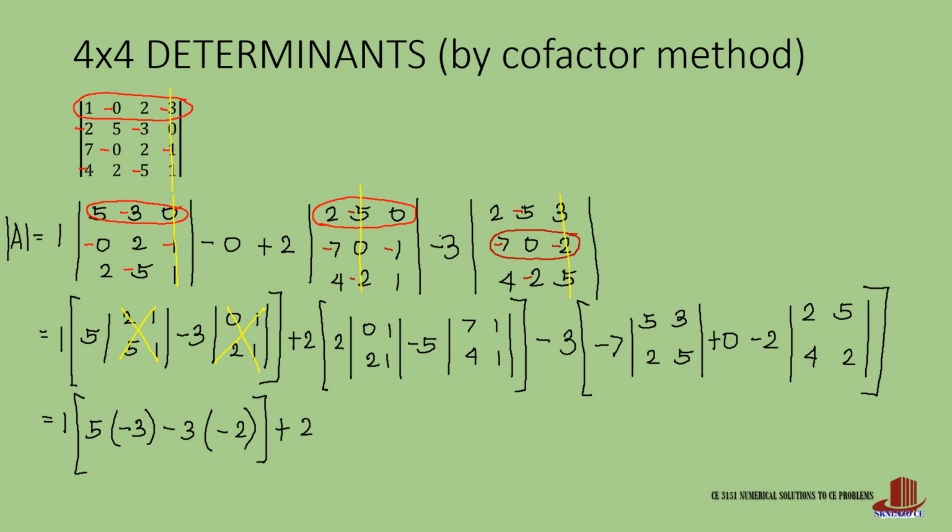Plus 2 times 2 of 0 minus 2, less 5 with 7 minus 4, or that would be 3.